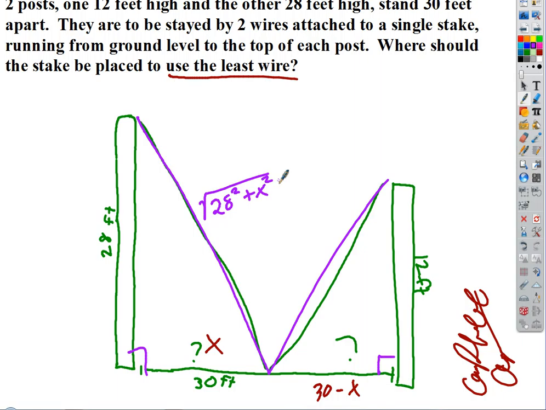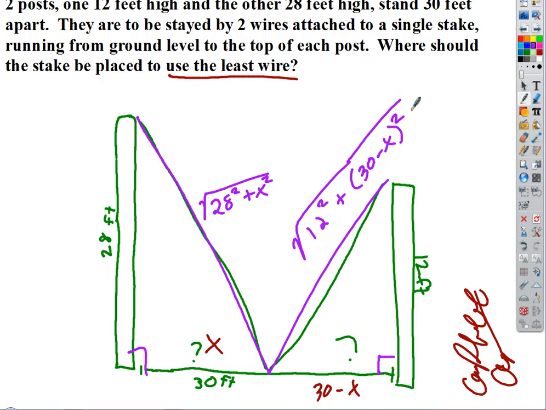And then this one over here is just gonna be 30 minus x. So this distance right here is gonna be the square root of 12 squared plus the quantity 30 minus x, quantity squared. Does that make sense?